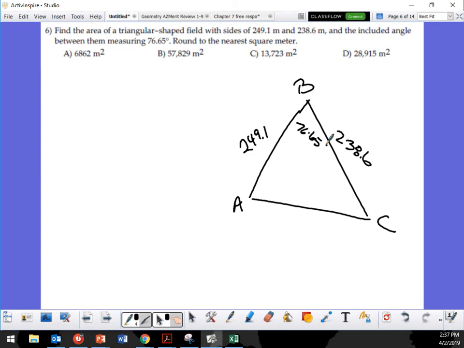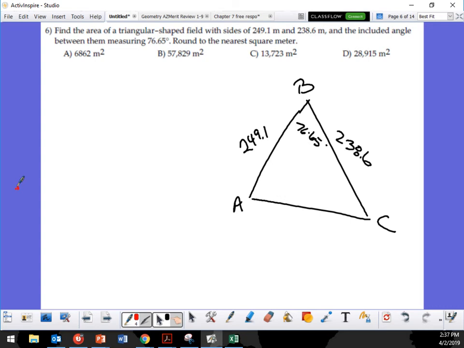All right, so now, can we find the area? Yes. There's a reason why I did it like this, and I still labeled it ABC. It said two of the sides are this, and the included angle is this. So the included angle is in between. I wanted those letters because all my area formulas have ABC.